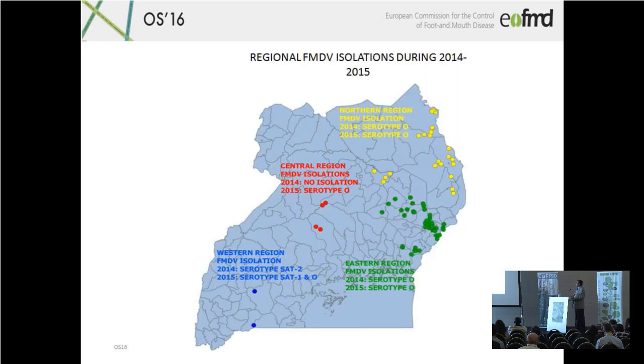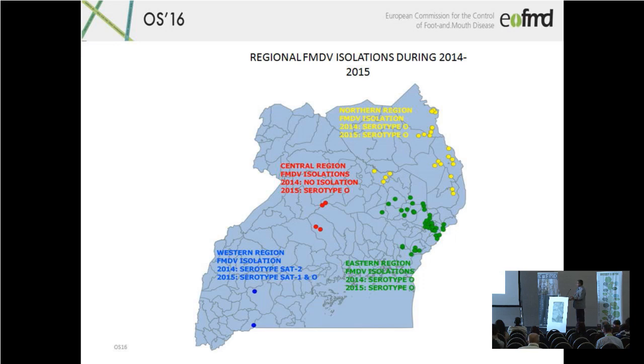In 2014 and 2015, in the northern region at the top, serotype O was isolated in both years. In the central region, in 2014, there were no isolations, but in 2015, we saw serotype O isolations.